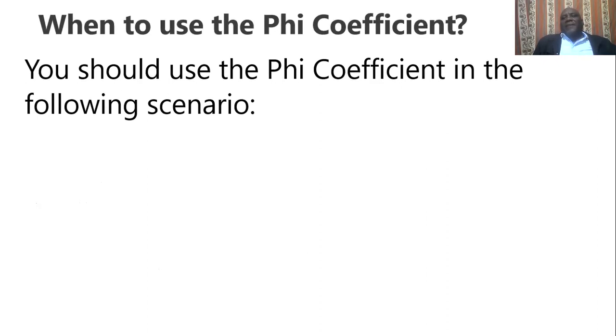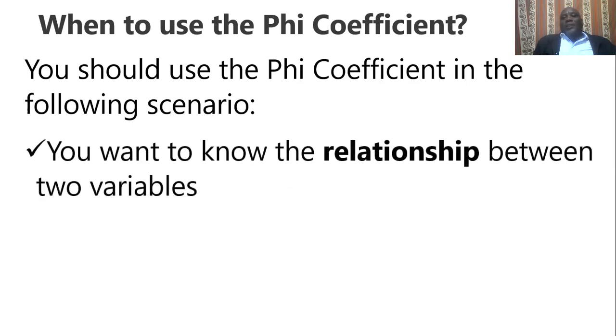We use the Phi coefficient in the following scenarios. You want to know the relationship between two variables, the association between them.